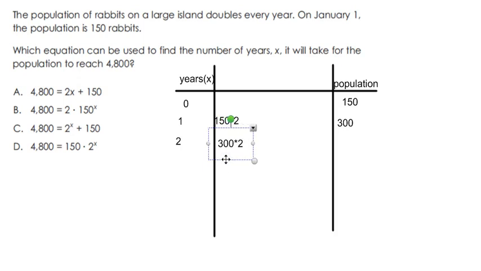Because the population doubles. Year 3, it would be 600 times 2, which would be 1,200. We could actually get the answer this way and just keep on going.